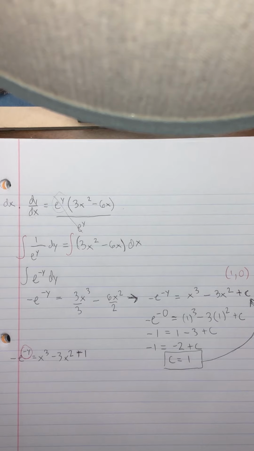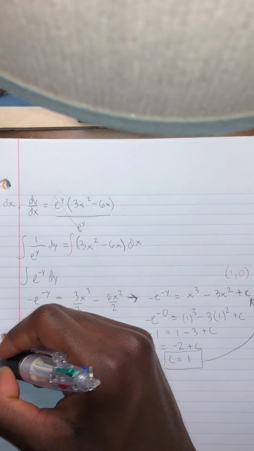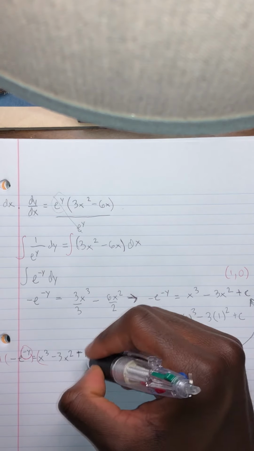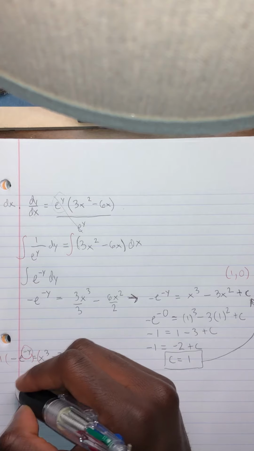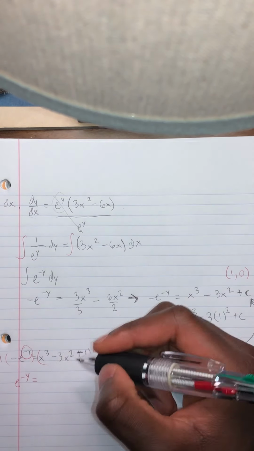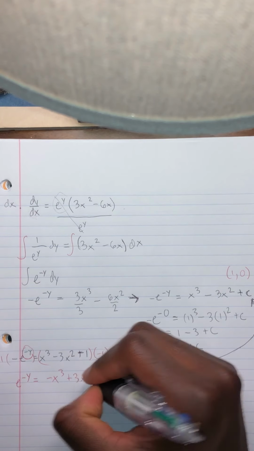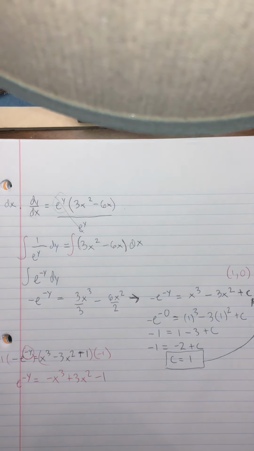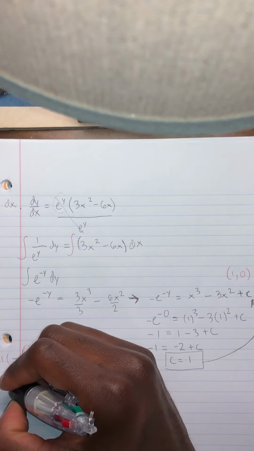First we can multiply both sides by negative 1. So we get the left side to be e to the negative y equals negative x cubed plus 3x squared minus 1.